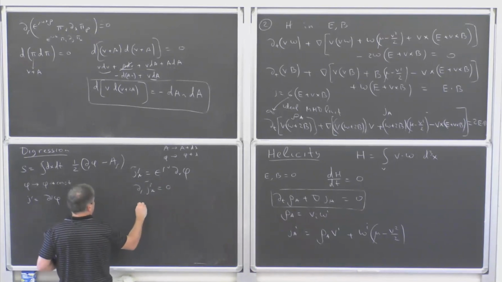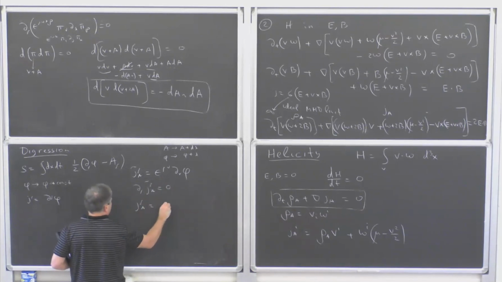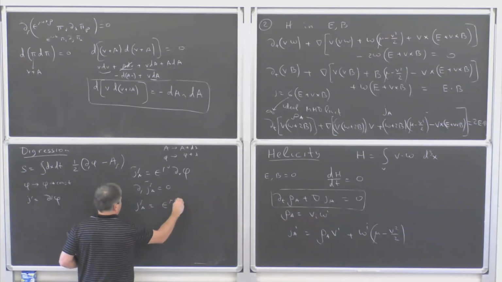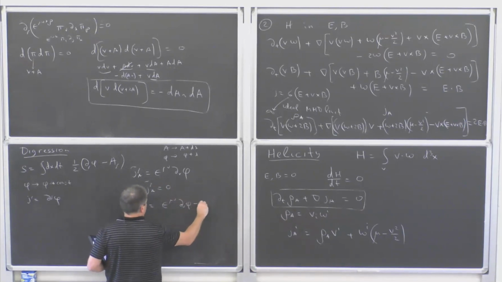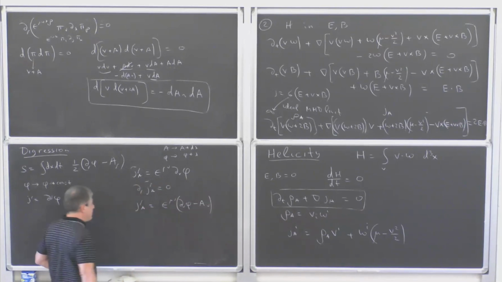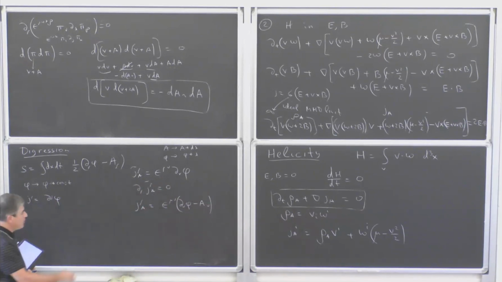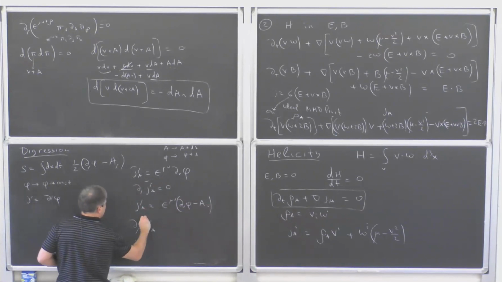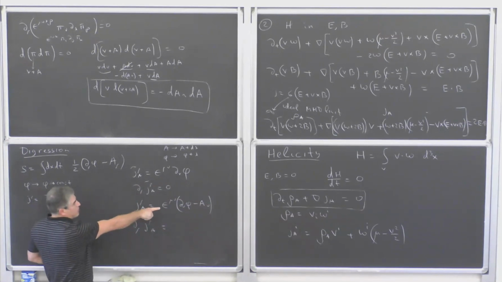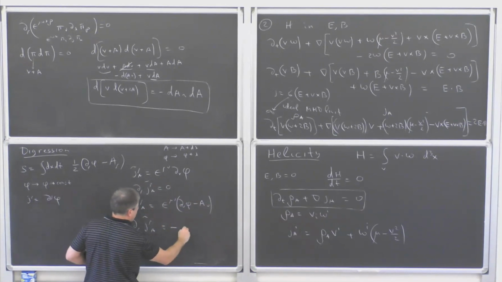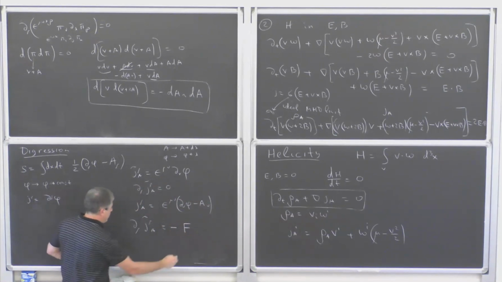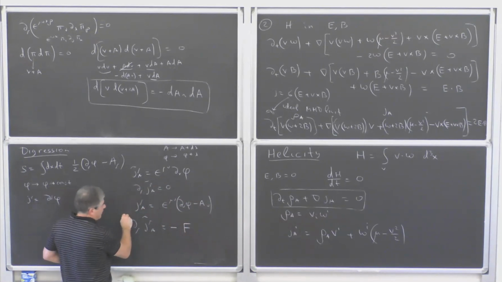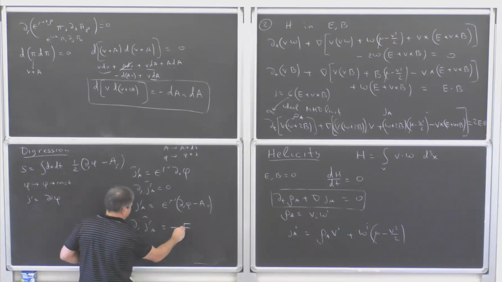Let me write that G mu A is epsilon mu nu times d nu phi minus A nu. This is gauge invariant. Let me see what this is. I have to differentiate with respect to mu, and I have minus f star, epsilon mu nu f.